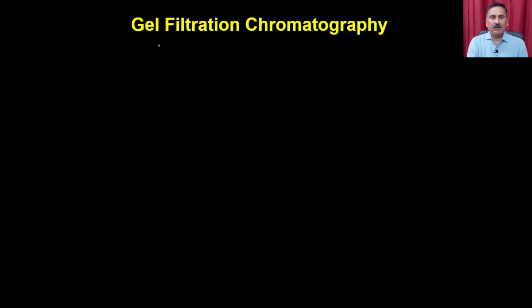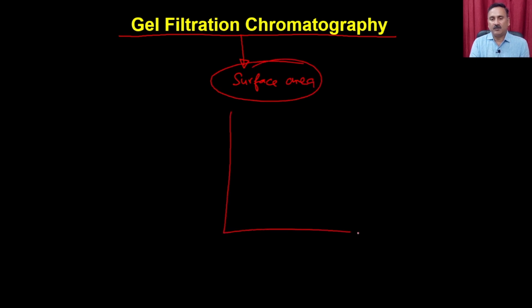So this is all about gel filtration chromatography, and how you can use it for monitoring enzyme-substrate interactions. What we have said is that since gel filtration works on the surface area of the molecule, you can have two possibilities.